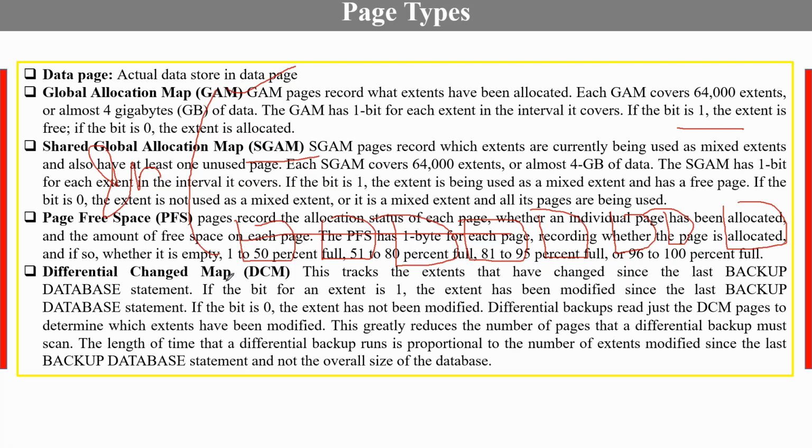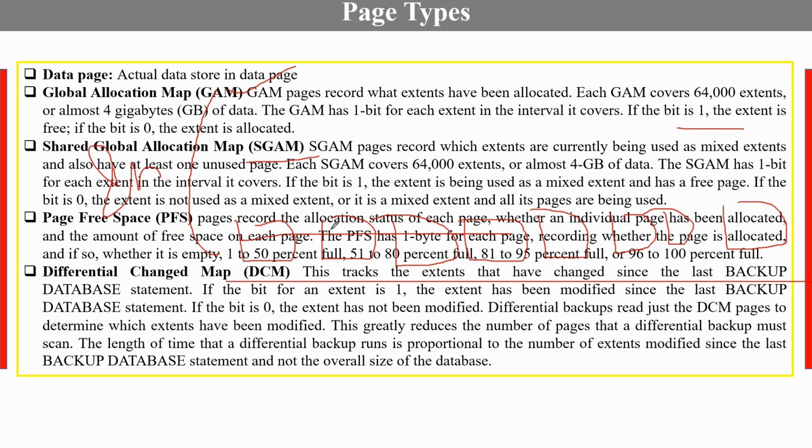But SGAM: this extent is used, but I don't know how many pages are completely filled with data, or how many pages are free in that extent. GAM doesn't know, sir. GAM just maintains whether an extent is allocated or not.